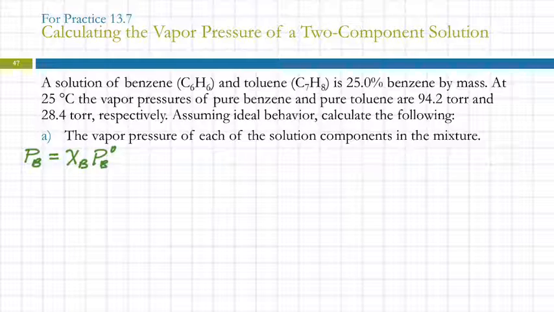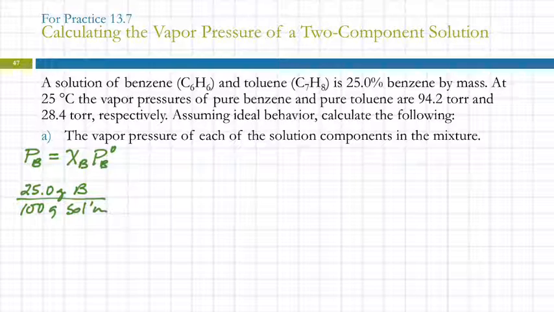All they gave us was a percent by mass. So we're going to have to take percent by mass and convert that into a mole fraction. There are different ways you can approach this. Let's think about, well, what does 25% mean? That means 25 grams of benzene per 100 grams of solution, right?